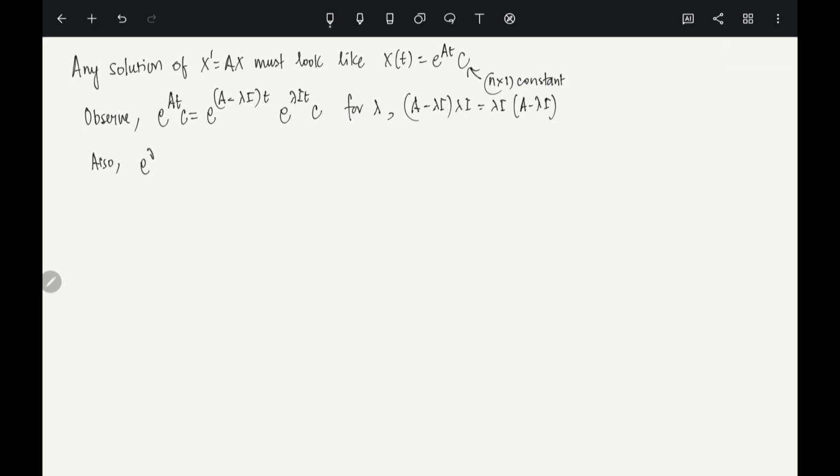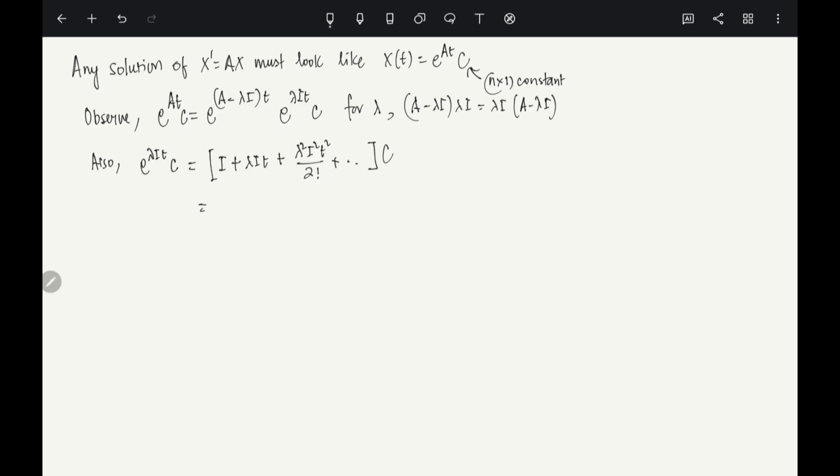Yes, and you see also, e to the power lambda I t acting at a matrix C. What is it? It is nothing but, let's just write it down, I plus lambda I t plus lambda squared I squared t squared by 2 factorial, up till infinity, times C, right? Now you see, if you multiply this thing, what is the lambda part?